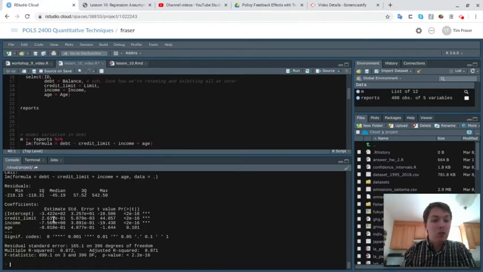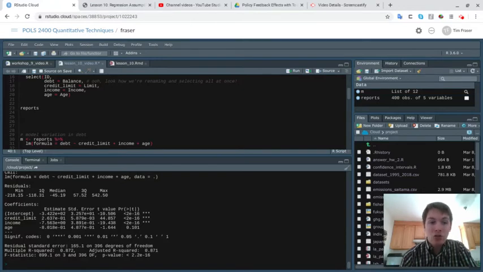Okay, credit limits. As your credit limit goes up by $1, you get about $0.2 more in debt. As your income goes up by $1, or by, I guess, $1,000, we decided was the unit, you get $7 fewer in debt.